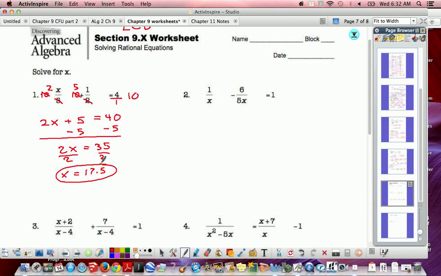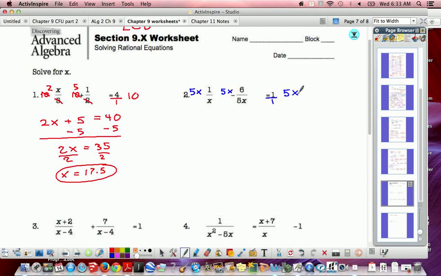Number 2. When I look at number 2, again, common denominator, or least common denominator. So if I look at this one, I have x, I have 5 times x, and I have 1. So the least common denominator here is 5x. So I'm going to multiply them all by 5x.